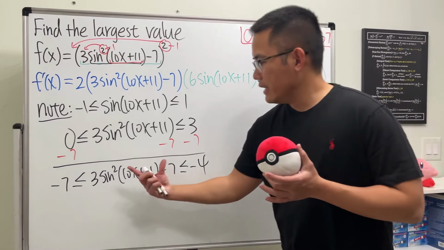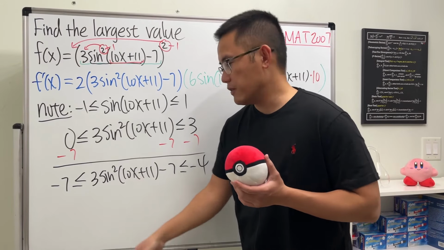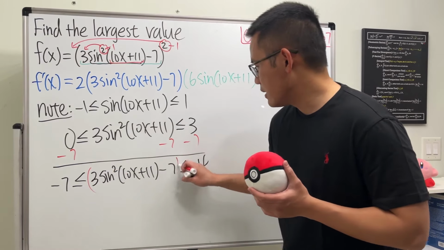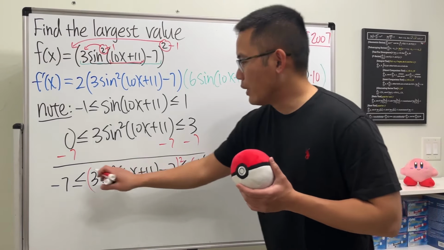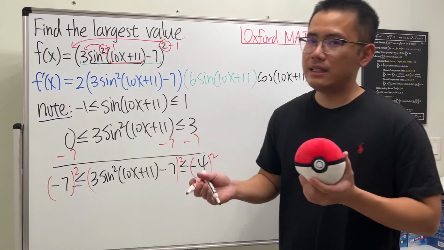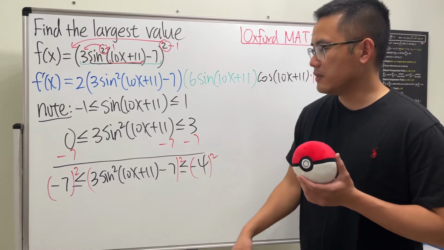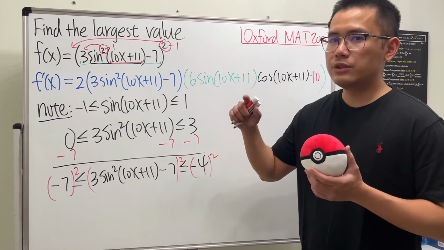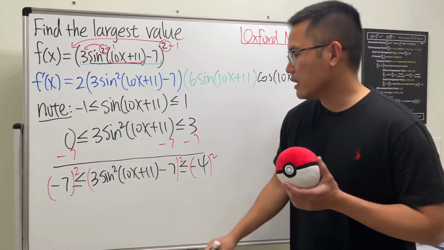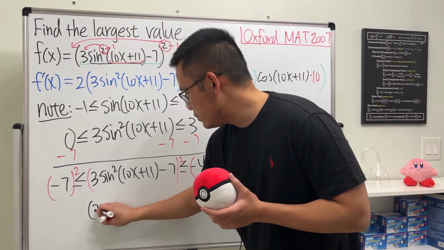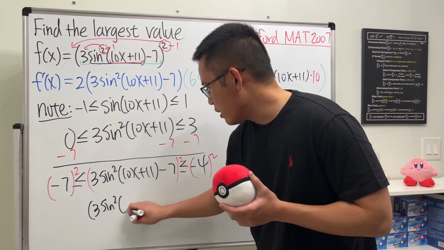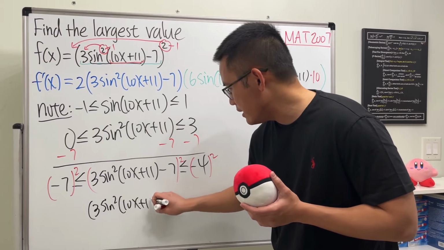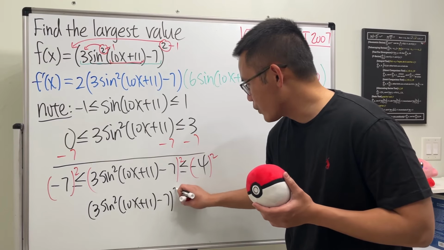If we square everybody, you see, now this part is negative. If we square everybody, we will actually have to flip the inequality, right? Because this is negative. So in fact, when we square it, it's actually a decreasing function on the negative side. So the whole thing, we get 3 sine square of 10x plus 11 minus 7, and then square.